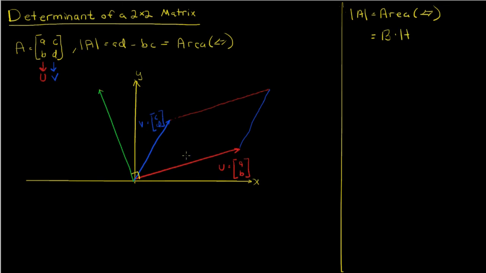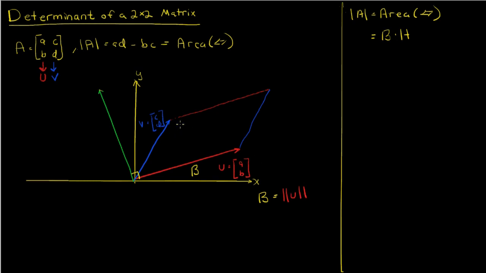Okay, so we're going to come back over here and we're going to label up the base, and we're going to call this the base B, and it's just going to be the length of this vector. So the base B is going to be equal to the magnitude of the vector U, which should be fairly obvious. And we're going to denote the magnitude or norm of the vector with these double bars here.